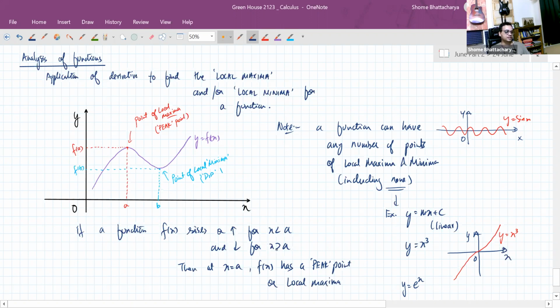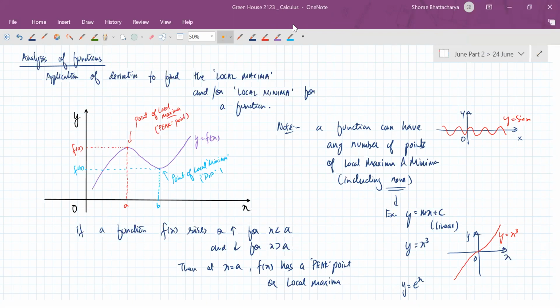If it decreases for x less than b and increases for x greater than b, then at the point b it will have a dip, and that dip point is called the local minimum. So just make a note of this definition first, then we will see how calculus comes into play, or differentiation comes into play, to calculate these things.